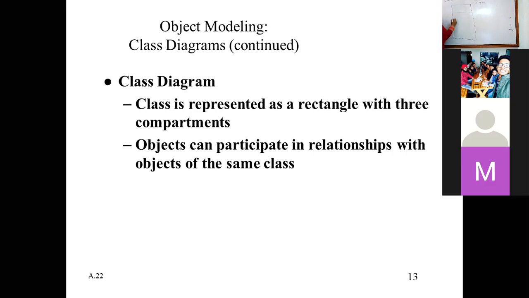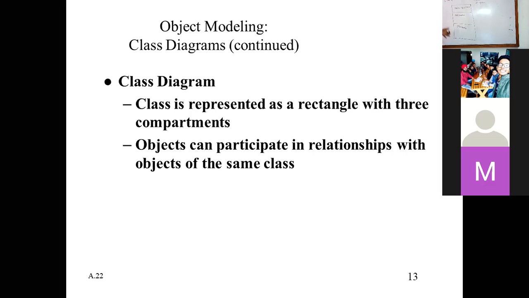The first compartment represents the name of the class. The second represents the attributes or data members, and the third represents the methods. So these are the 3 compartments that are there in a class of a class diagram.